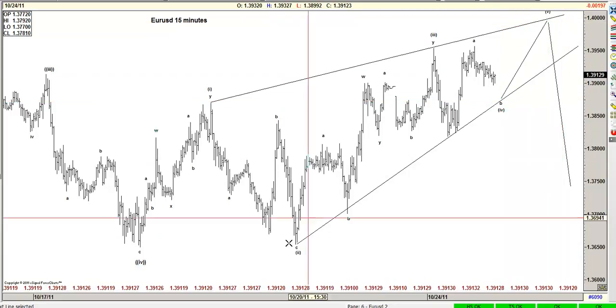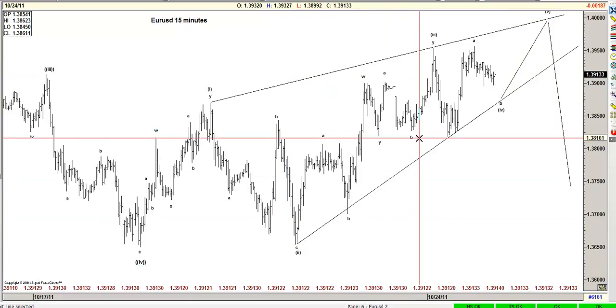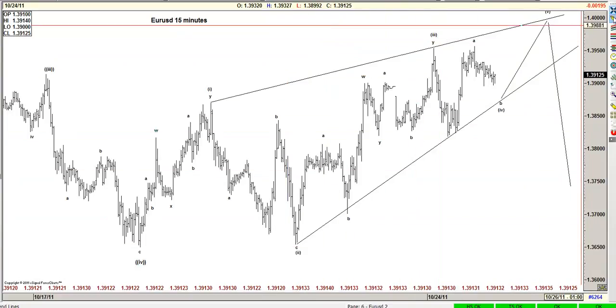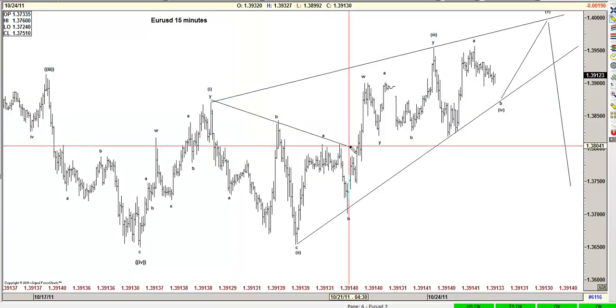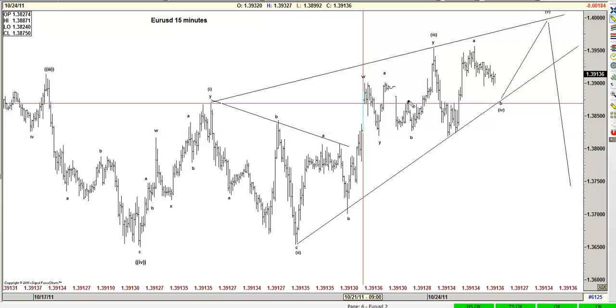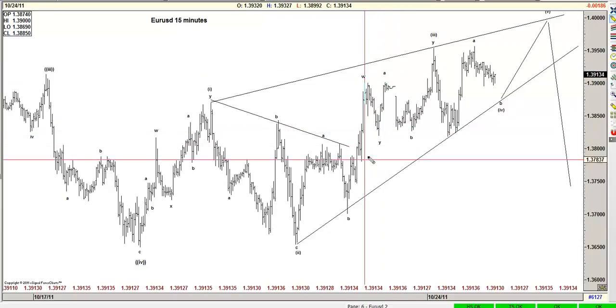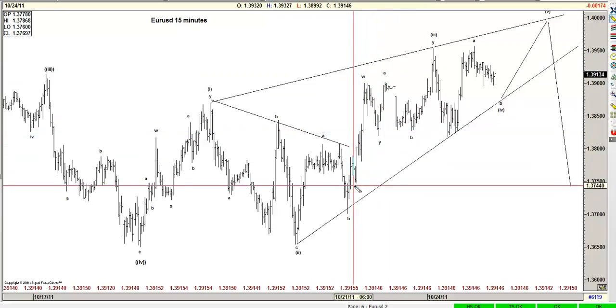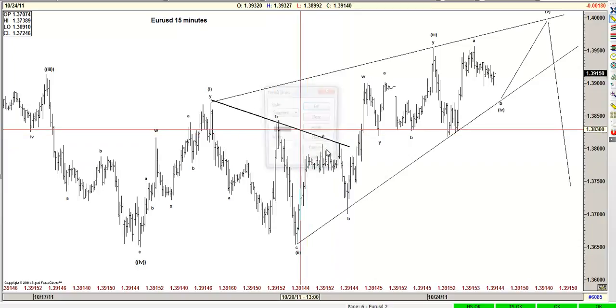I like that scenario when I see 1, 2, 3, 4, 5. If it's a triangle, here, this is too big. This is too big to be a wave four compared to this right here.